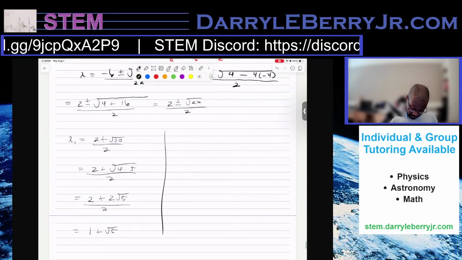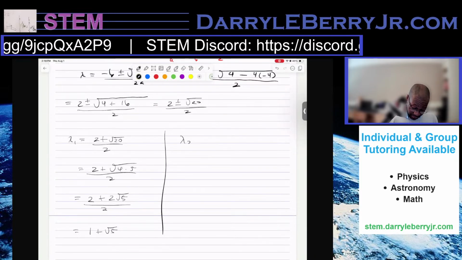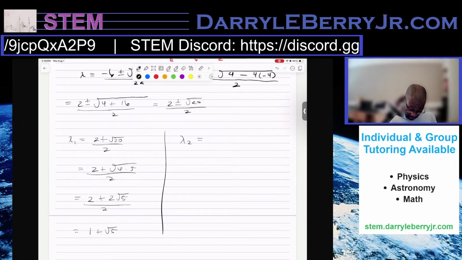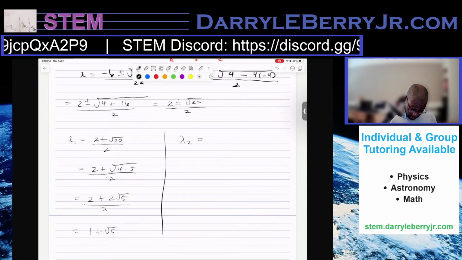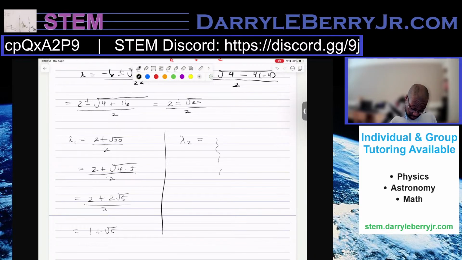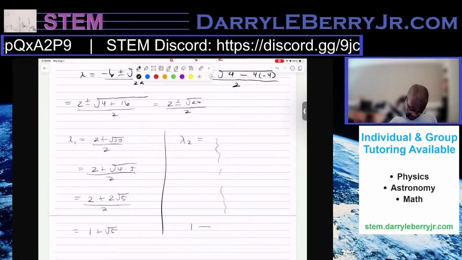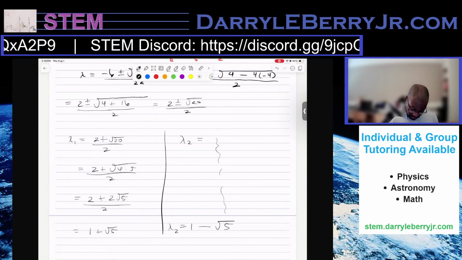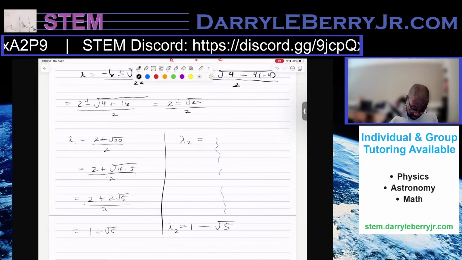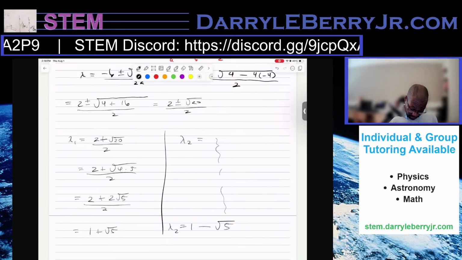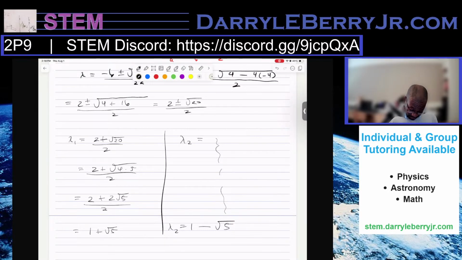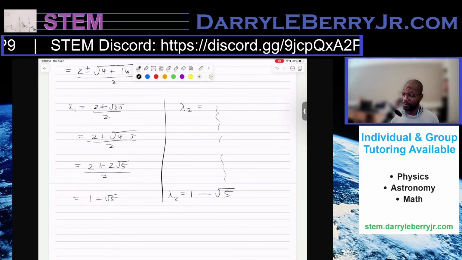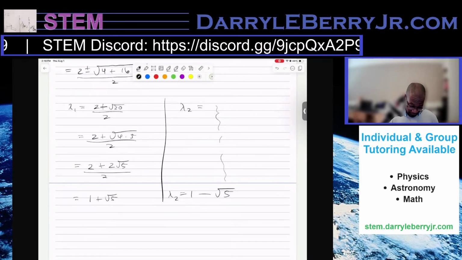And this side will be lambda 2 equals, I believe everything is the same, 1 minus square root of 5. Because basically I'll just have a negative here, and that's still minus. Yeah, I believe that will be exactly the same. If we make a typo, let me know. That seem good so far?